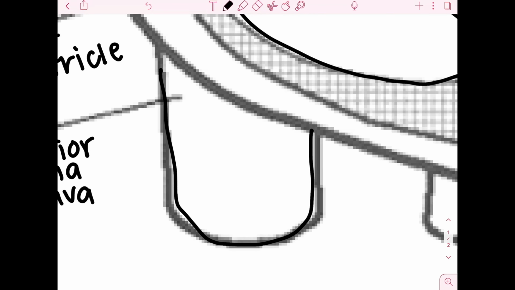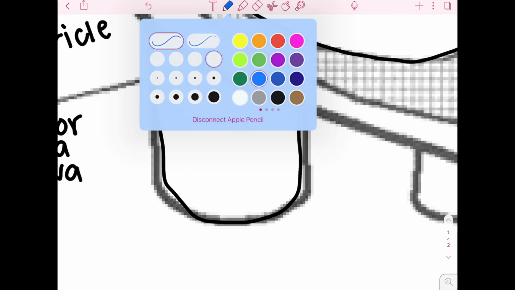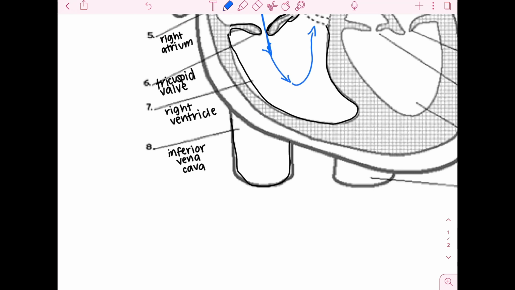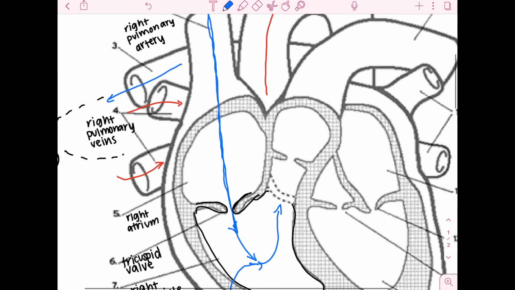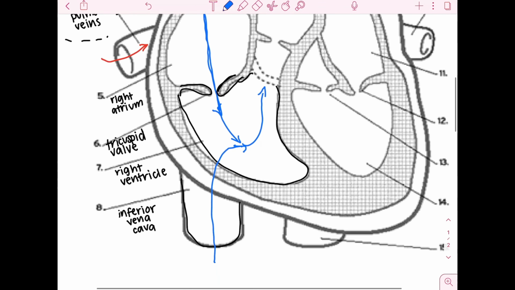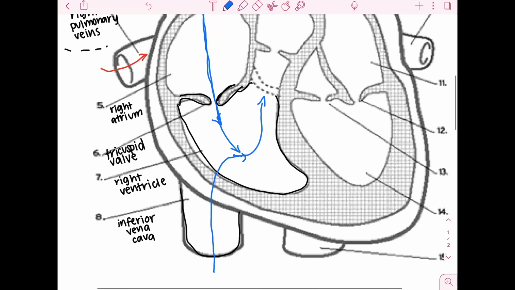The only difference between the superior and inferior is that the inferior brings deoxygenated blood from the lower part of your body, like the legs, abdomen, and so on. So we're going to draw another blue arrow because it's bringing in deoxygenated blood from down here. And then it's joining in the bloodstream that's coming from up here. So eventually they both join in.